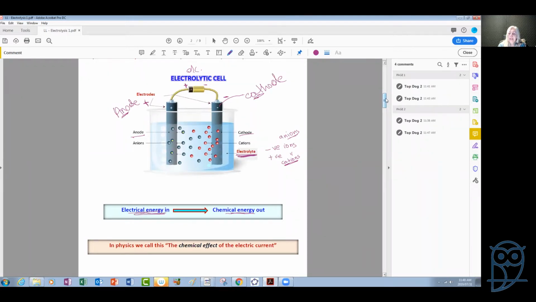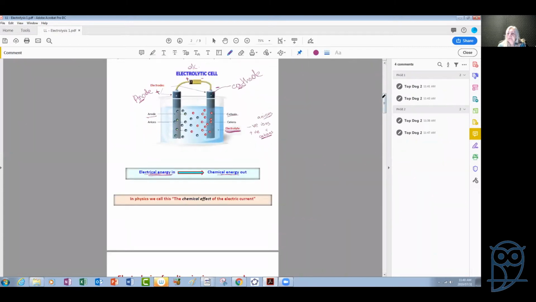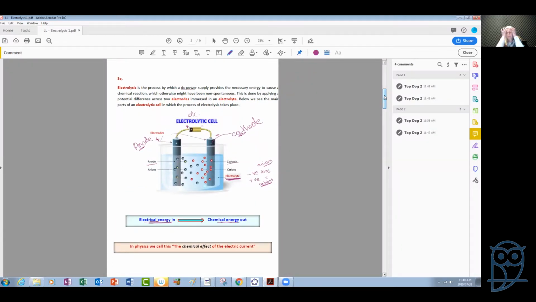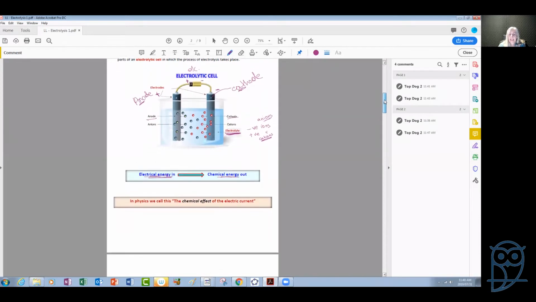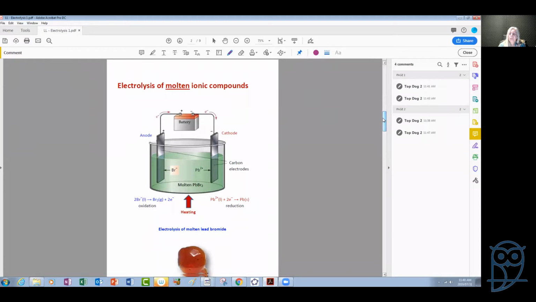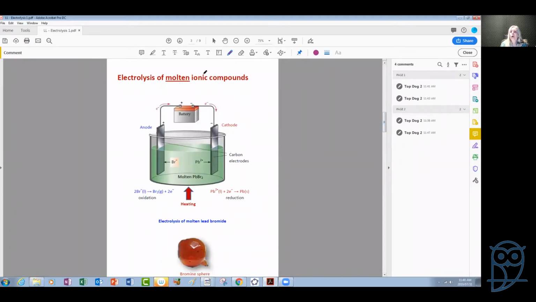Now let us see in more detail different applications of this process where we use the electrolytic cell with particular electrolytes. The first electrolyte we're going to see is a molten ionic compound.